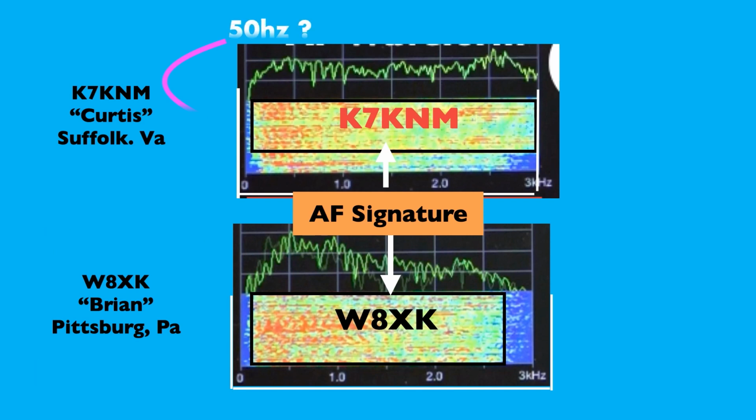As we look at it, we see that this signal has nothing going on down here on the low end, so he's got a low cut of about 50 hertz. But out here, we've got audible emission all the way out to 3K. So I'm putting this guy at about 2.9 kilohertz of bandwidth.